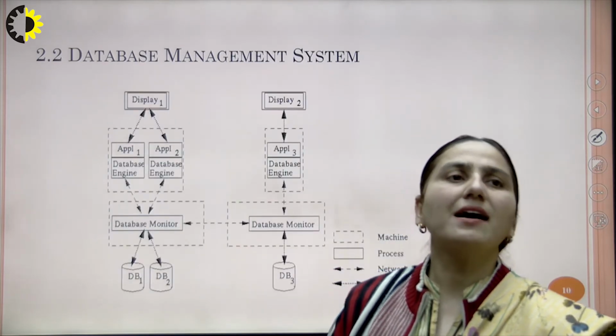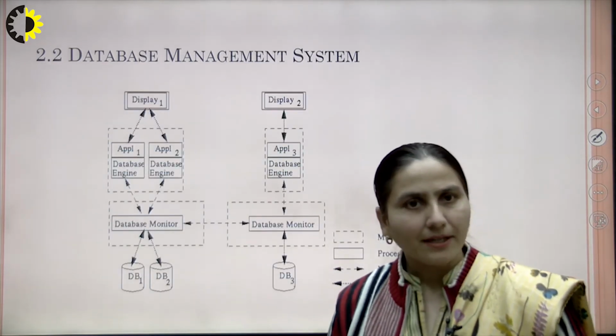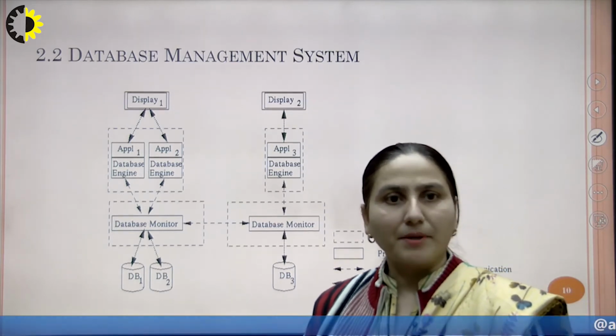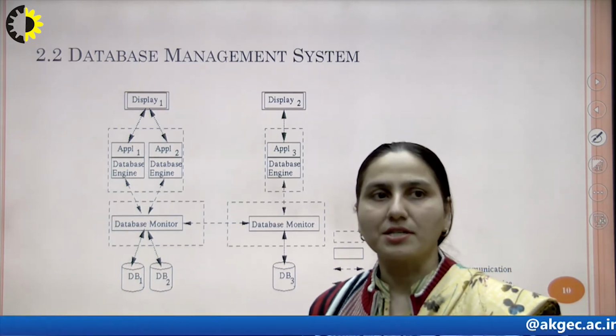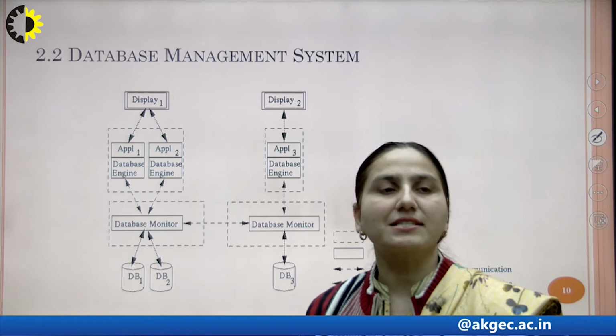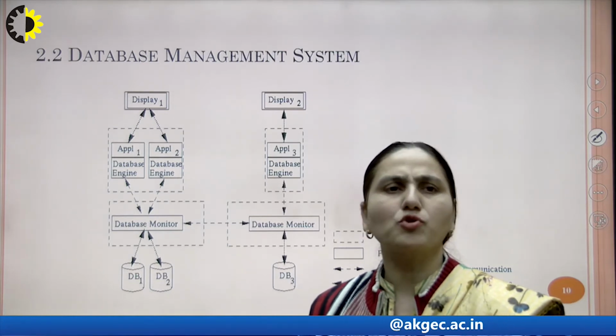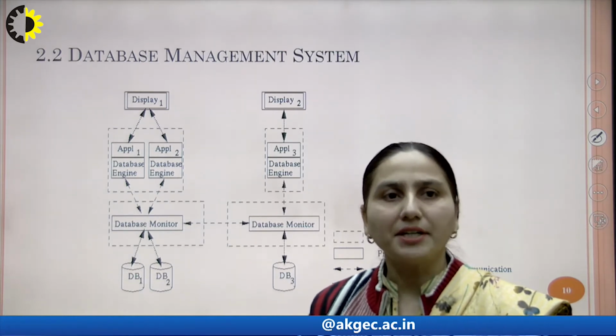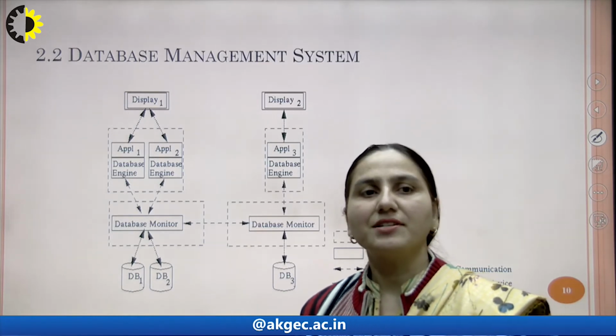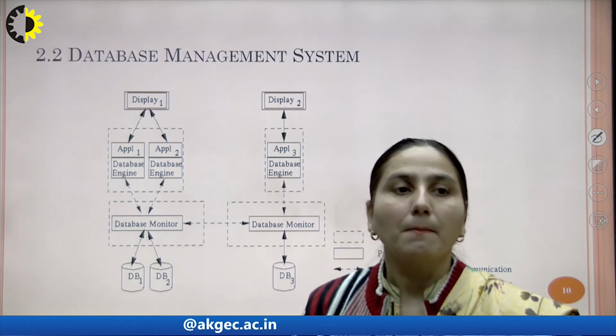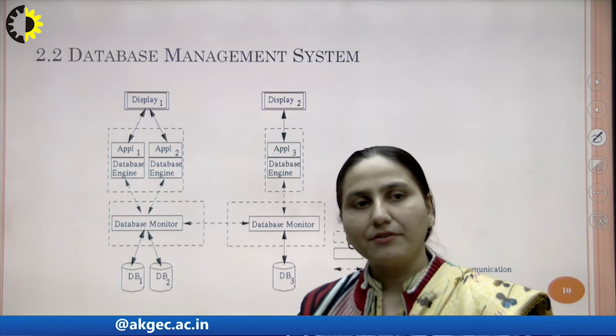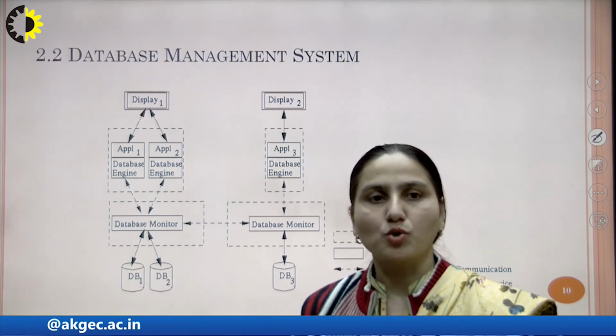Now next comes the database management system. We have different machines with different processes, for example application 1, application 2, up to application 3. Then the database engine, which is connected with the database monitor, and we have database 1, database 2, database 3.